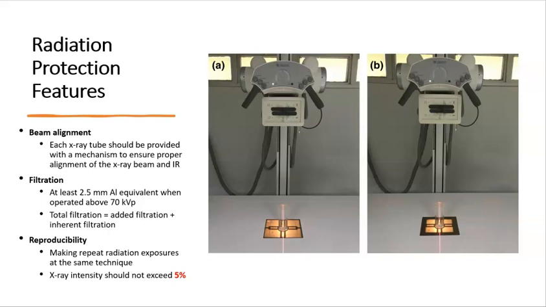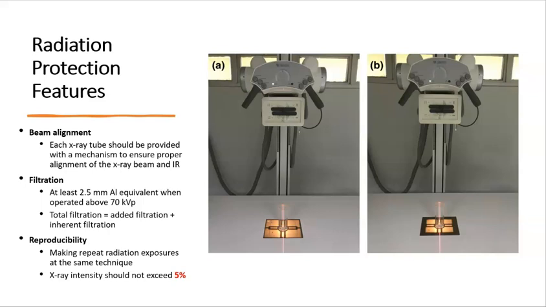All right, so some other ones that we look at are beam alignment. Each X-ray tube should provide a mechanism to ensure proper alignment of the X-ray beam and the IR, the image receptor. So sometimes it can be knocked out of whack with rough handling. So we need to make sure that the beam is aligned.